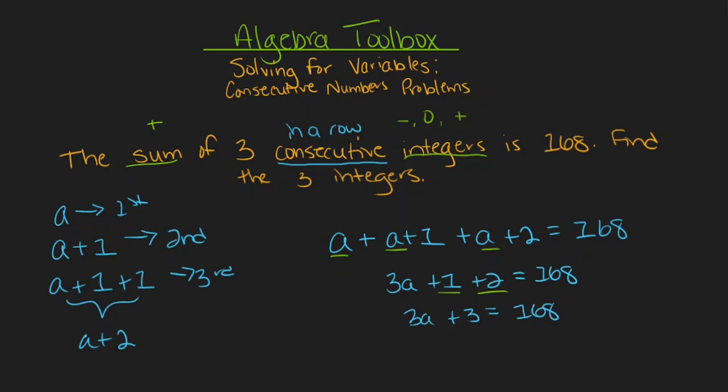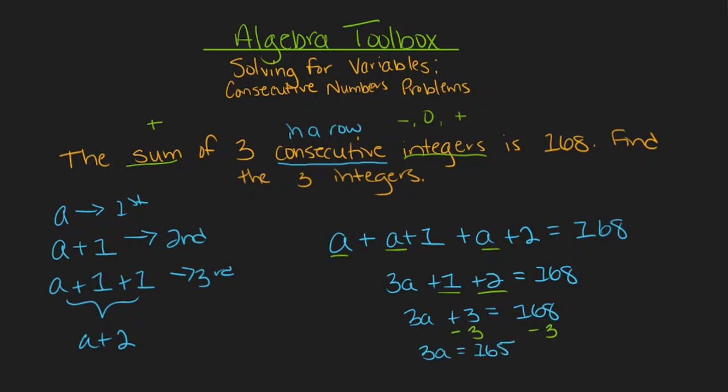I see that I have two relationships with A, both multiplication with 3 and addition with 3. Since we are solving for a variable, I have to use SADMAP as my order of operations, and SADMAP tells me to break that addition relationship first. I'll break it by using the opposite operation of subtraction, and subtracting 3 from both sides will give me 3A equals 165.